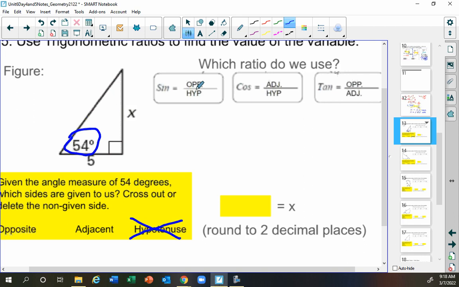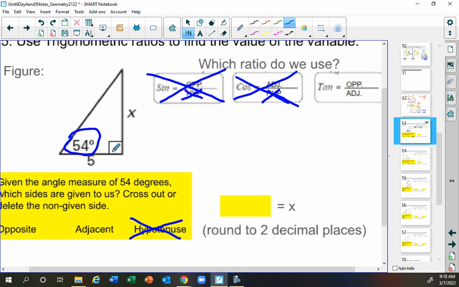Out of sine, cosine, tangent, which is the one we use? Tangent. Because the other 2 need the hypotenuse, and that's not there, so we can't use them at all. Right away, you need to figure out which one's not given to us. If we don't have the hypotenuse, guess what? We can't use sine or cosine. We're automatically using the tangent.